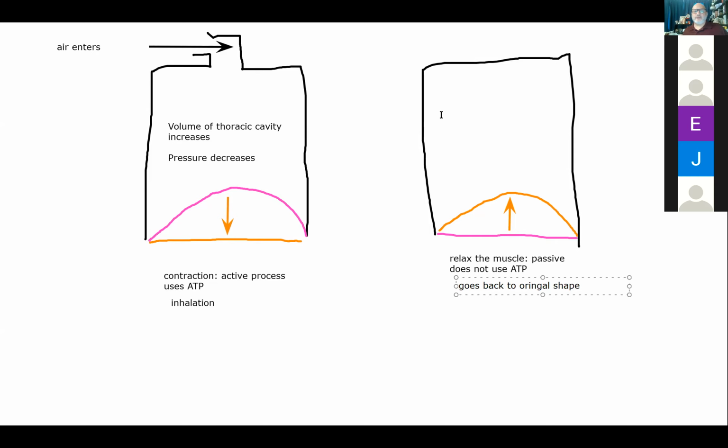And when it goes back to the original shape, what happens to the volume of the thoracic cavity? Decrease. It decreases. And when the volume decreases, what happens to the pressure? Increases.